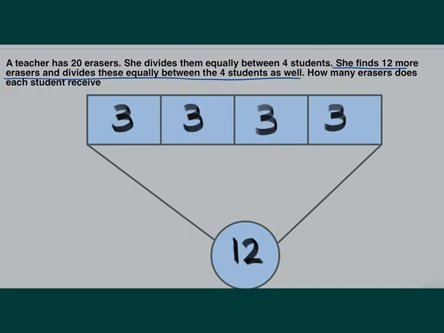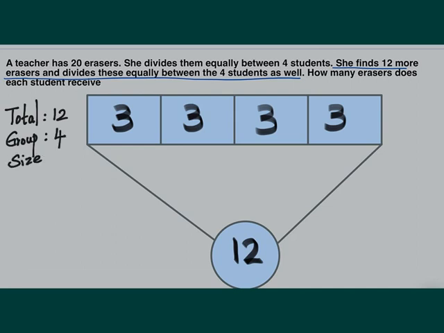Now is the second step of the problem. Now what the teacher does is, she finds 12 more erasers and again she divides them equally into the same 4 students, right? So the total number of erasers in the second part of the problem is 12, and the number of groups of students that she is sharing the erasers with is 4, so the groups are 4.